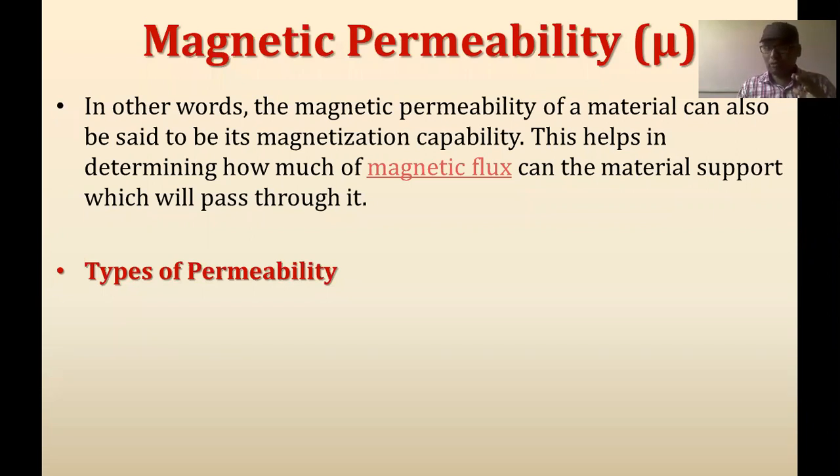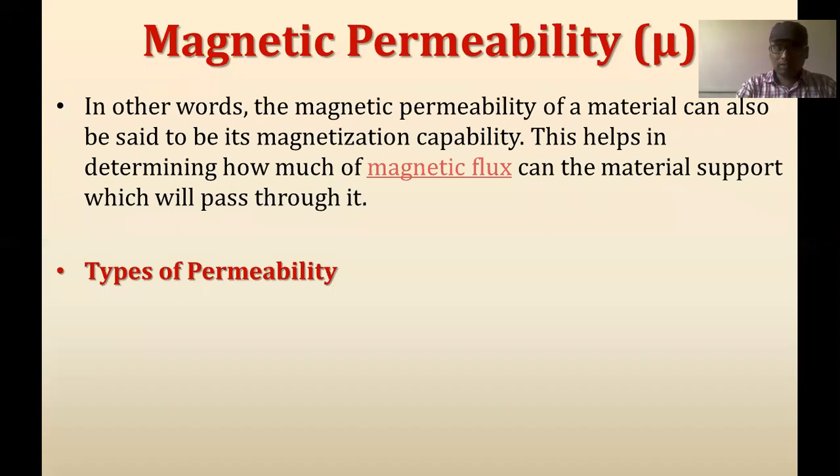If the material will not pass the magnetic flux lines, it will not act like an electromagnet. So this helps in determining how much magnetic flux the material can support to pass through it. This is nothing but permeability. And this permeability has three types.